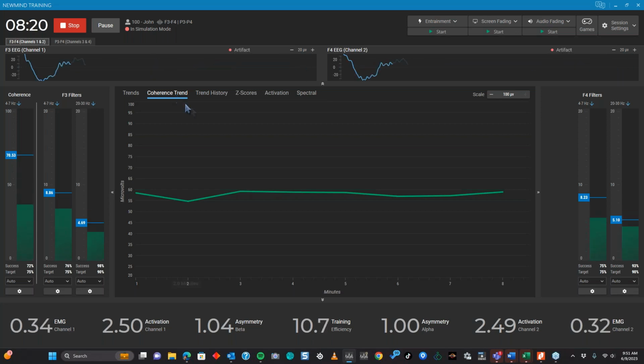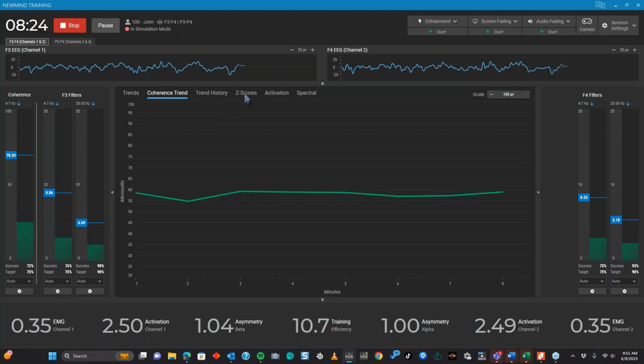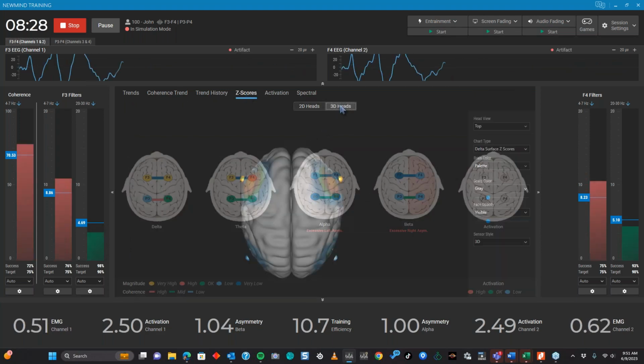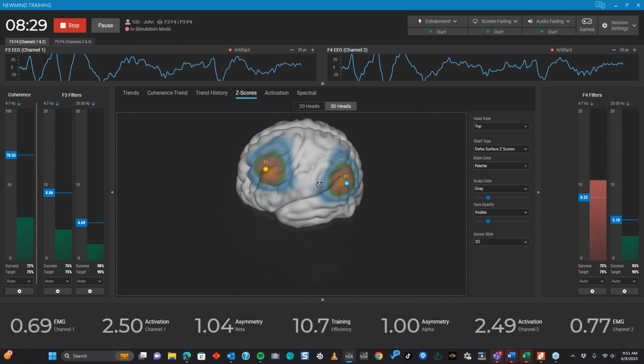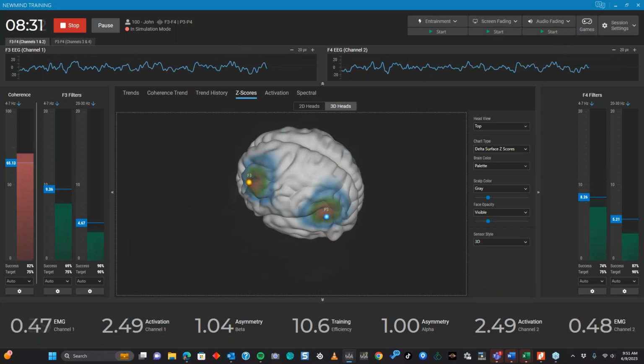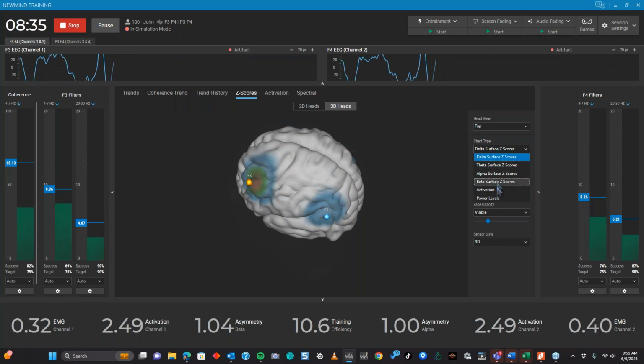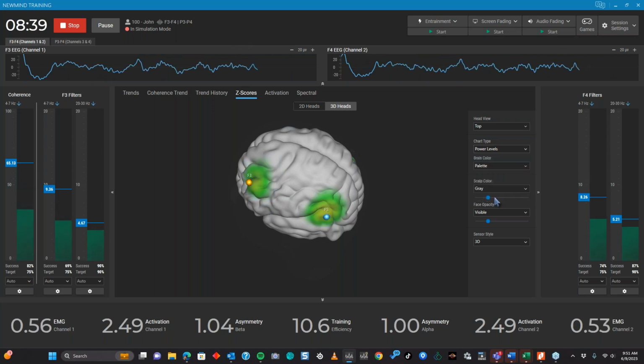I will just mention on this screen, this is the bells and whistles screen. You'll notice on the 3D, we don't have an option to look at coherence. We can look at power levels, like we would see on a head map. But to me, this is the bells and whistles kind of screen that we put in.